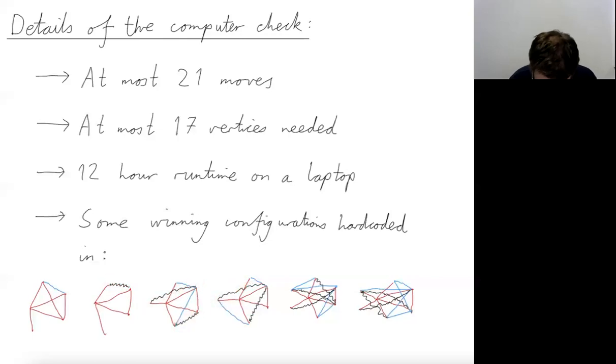So what this picture means, for example, is these should be red edges. These should be blue edges. The other edges should be empty. And even if Blue had these 2 wiggly edges here, they still wouldn't have any immediate threats. There still wouldn't be 4 vertices so that the second player has all but one of the edges between them. That's what this picture means.